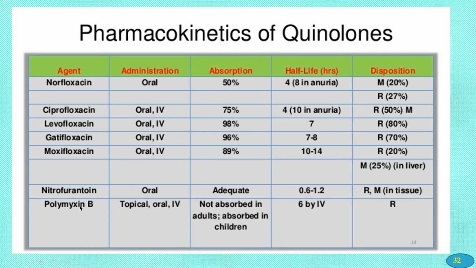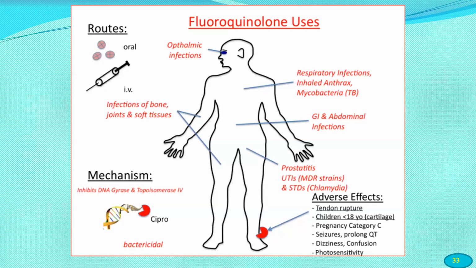Whereas polymyxin, we already learned about the polymyxins, which are effective against gram-negative bacteria. These are topical, oral, and IV, but the oral absorption is not there. So that's the comparative pharmacokinetics of the quinolones with other drugs.